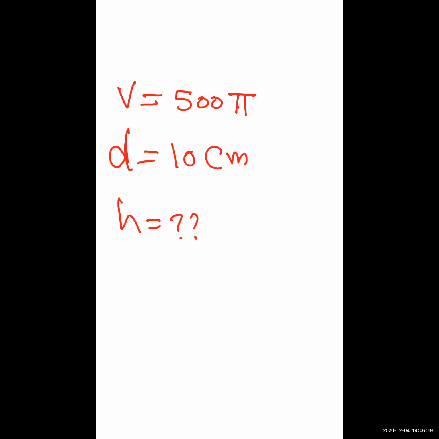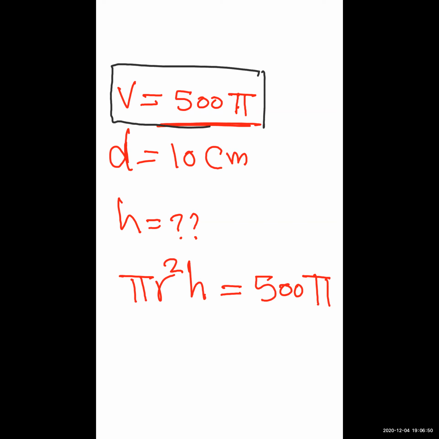The volume of the cylinder equals pi r squared times height. This will equal 500 pi, because it's given in the question that the volume is 500 pi here on the top.